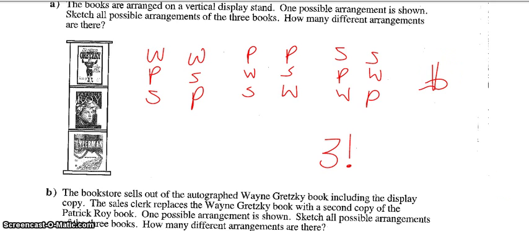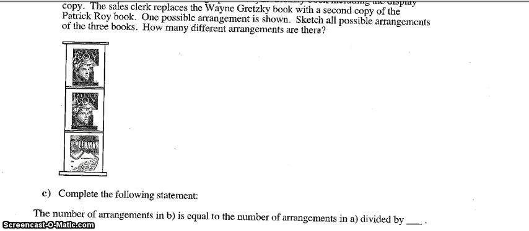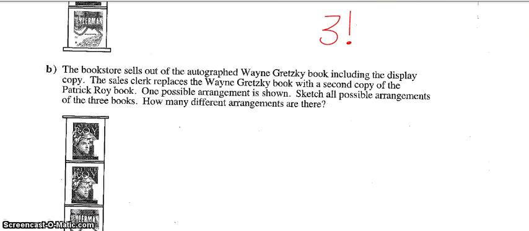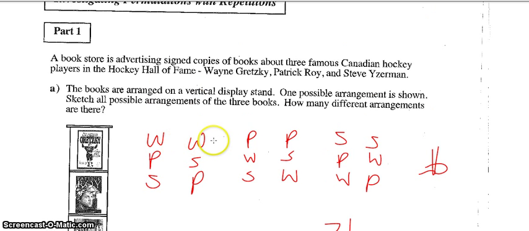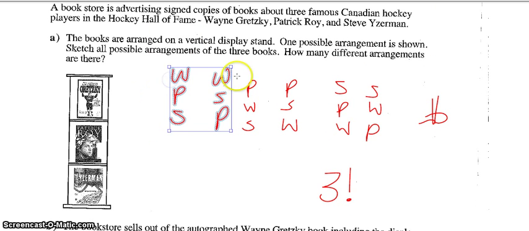It's nothing new. However, the bookstore sells out of the Wayne Gretzky book and replaces it with a second copy of Patrick Roy. Now, all the ones that used to say Wayne also become Patrick.